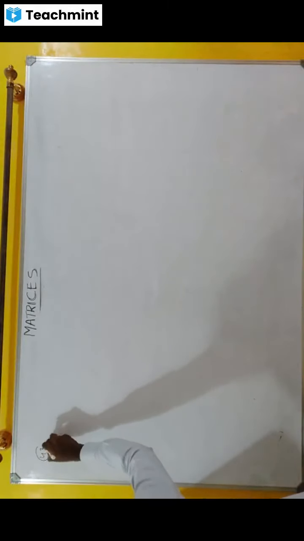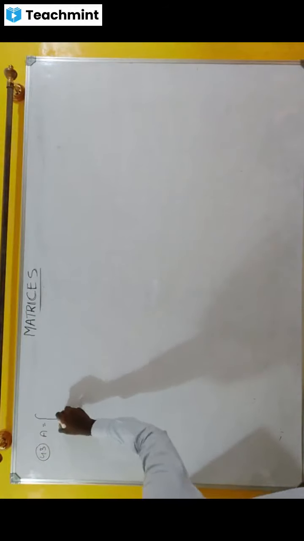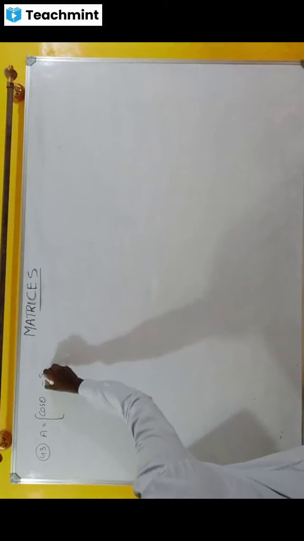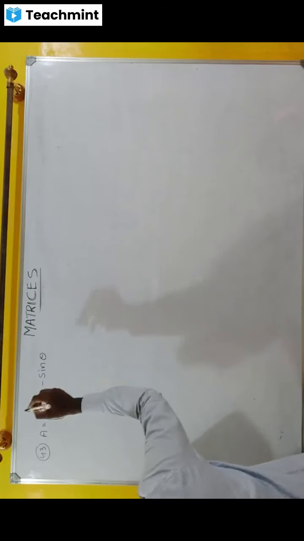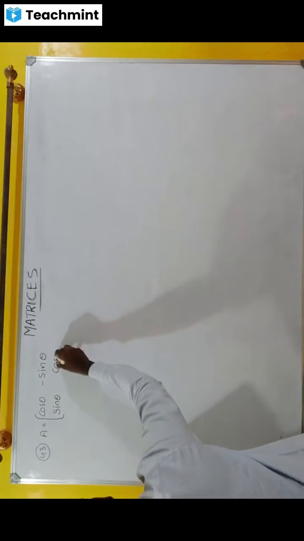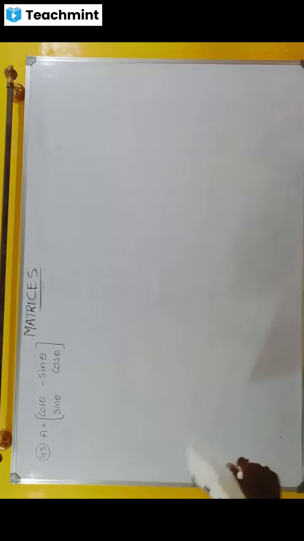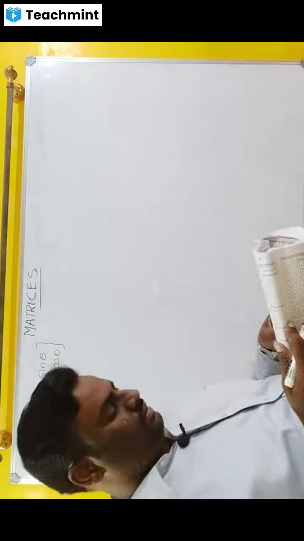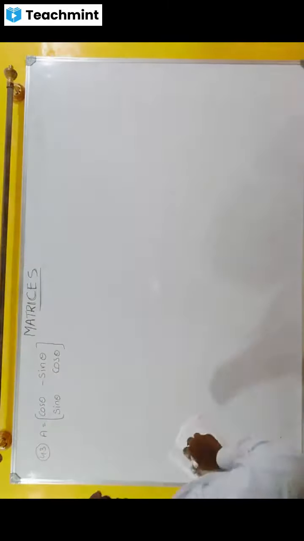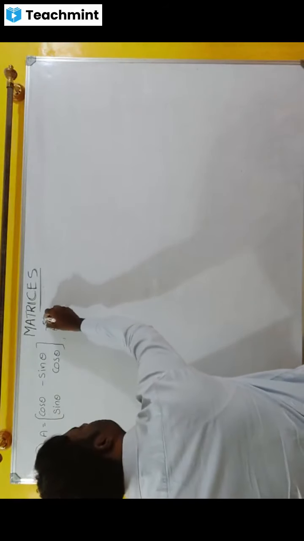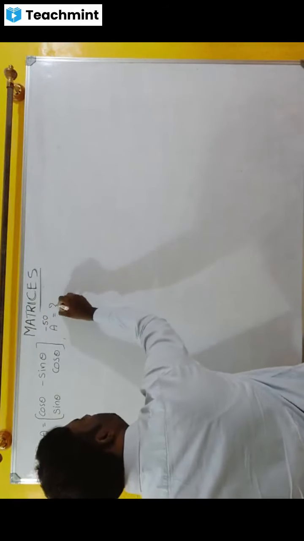Question 43. A is equal to cos theta, minus sin theta, sin theta, cos theta. This is given, this is matrix A. Then we need to find A power minus 50.